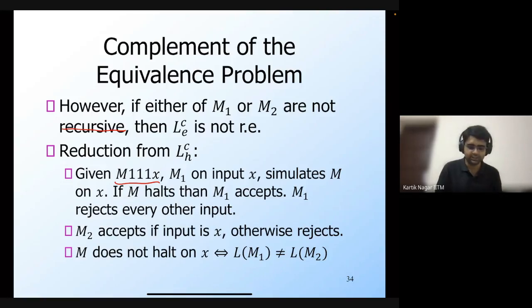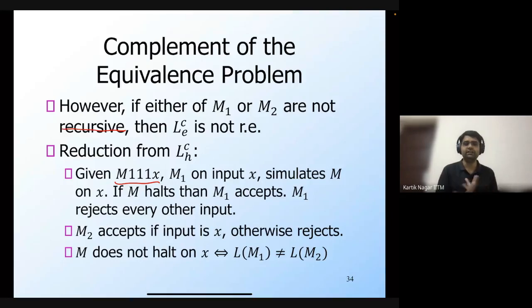So what I do is that given M, x, what M1 is going to do is that M1 is going to receive some input. On the input x, M1 is going to simulate M on x. And if M halts, then M1 is going to accept. But if M does not halt, then obviously M1 will also not halt, in which case M1 is not going to accept the input x.